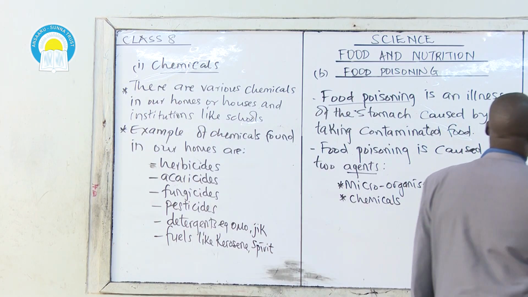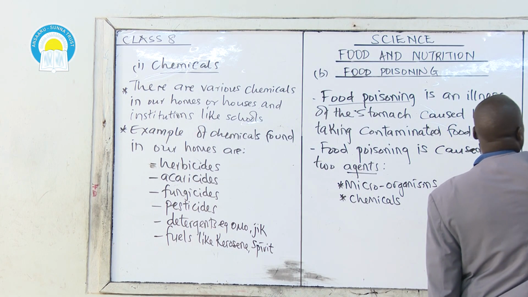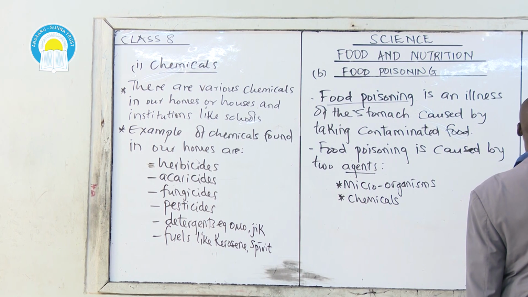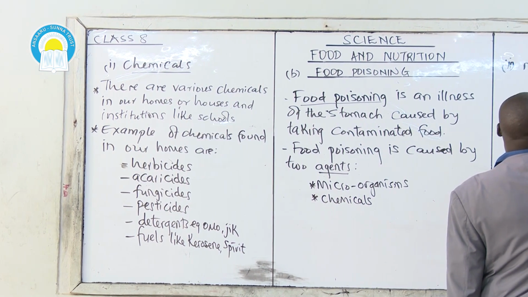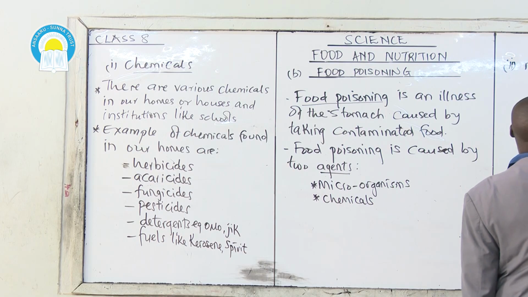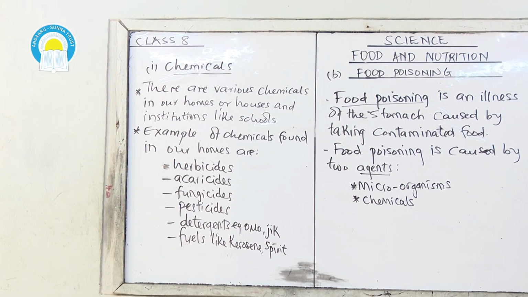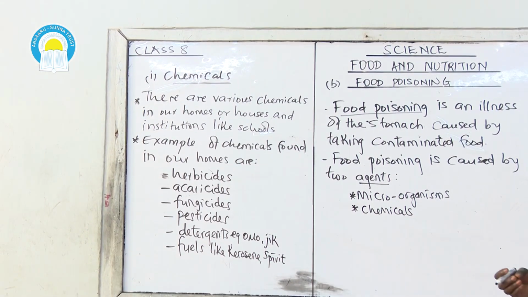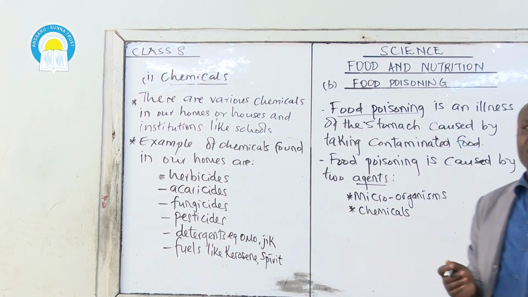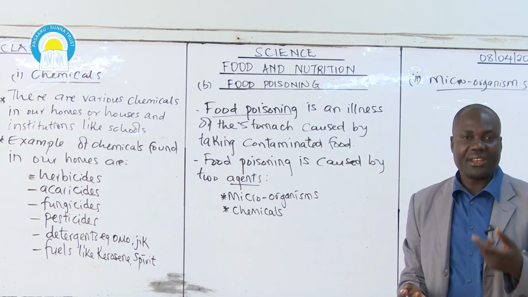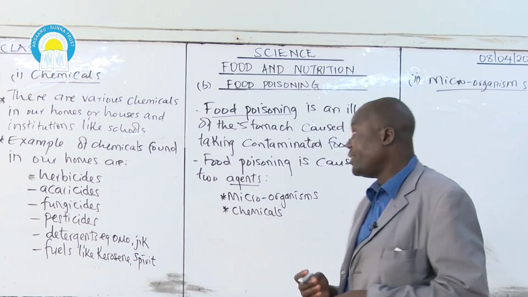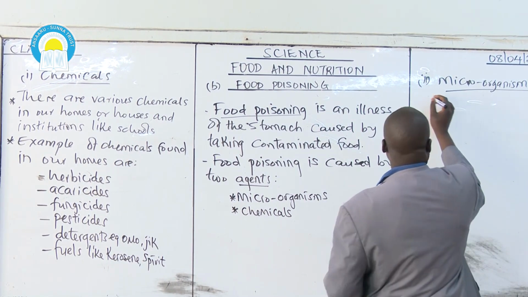Then number two, we have microorganisms. When you talk of microorganisms, these are small living things that may enter the food and cause food poisoning.